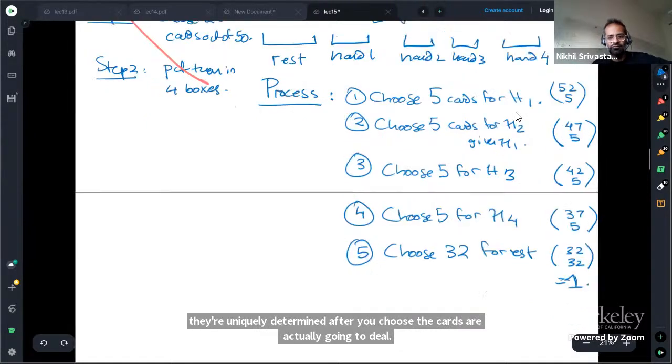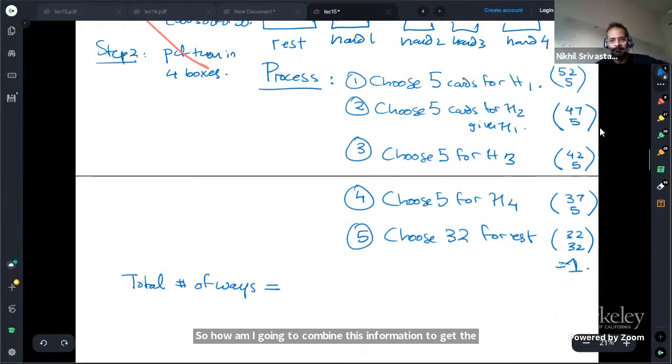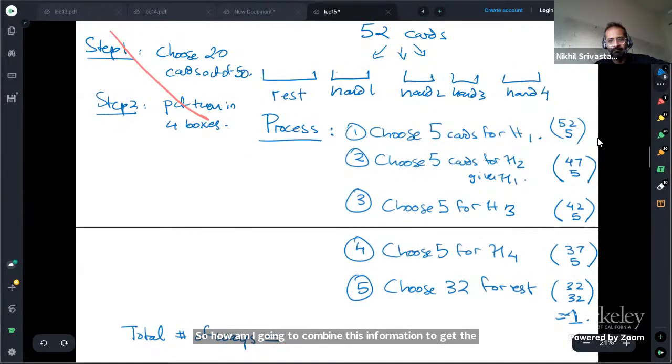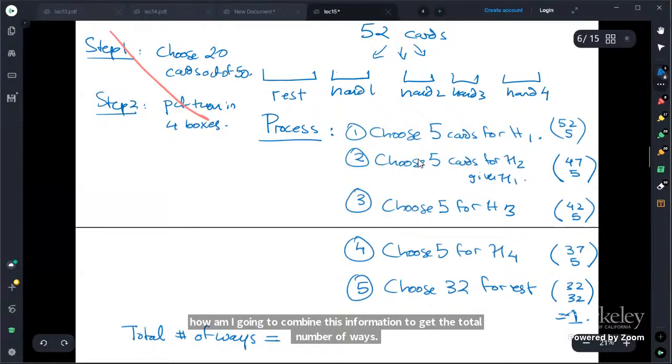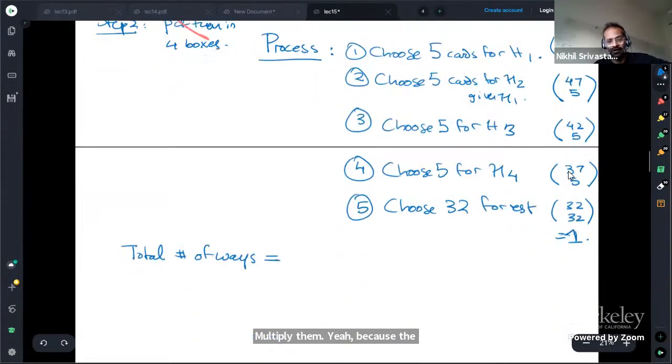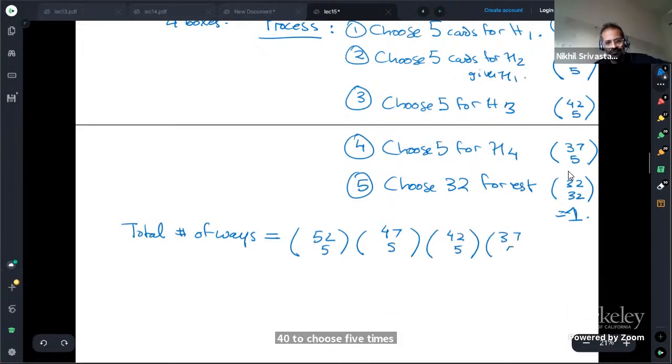So now what's the total number of ways to choose the cards? How am I going to combine this information to get the total number of ways? Multiply them. Yeah, because the number of choices in each case is always the same regardless of what the previous ones were. So this is 52 choose 5, times 47 choose 5, times 42 choose 5, times 37 choose 5, times 1.